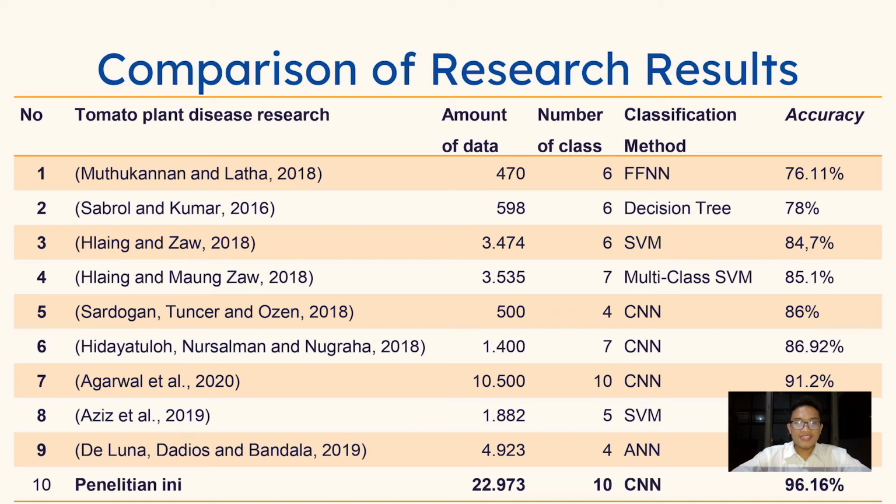The number of classes used in this study is 10 classes, and by using the CNN algorithm, this research is able to achieve the best accuracy of 96.16%. This shows that this research gives a contribution to the development of knowledge in computer vision, especially about the identification of tomato plant disease.